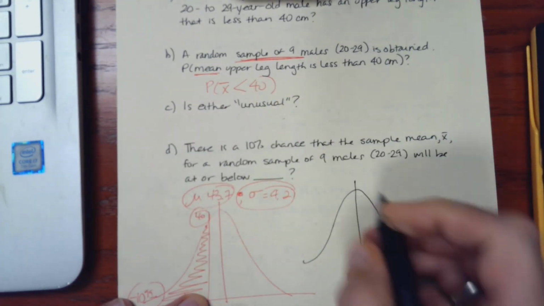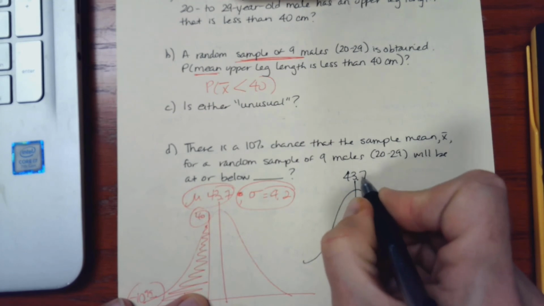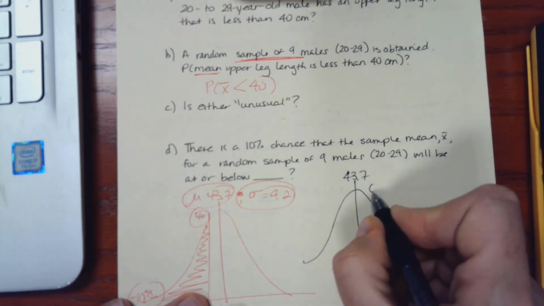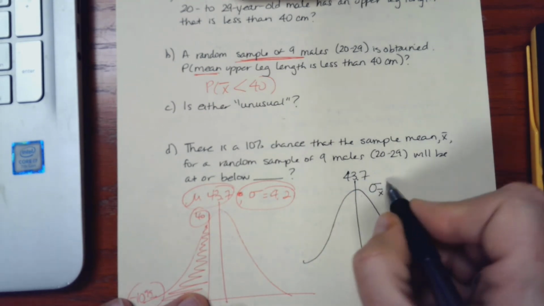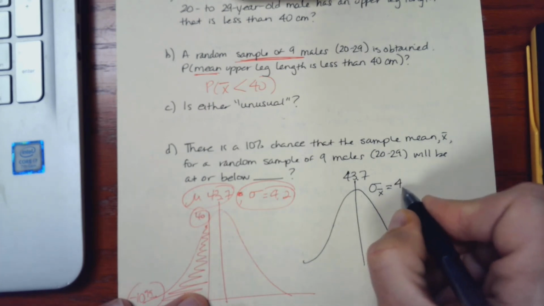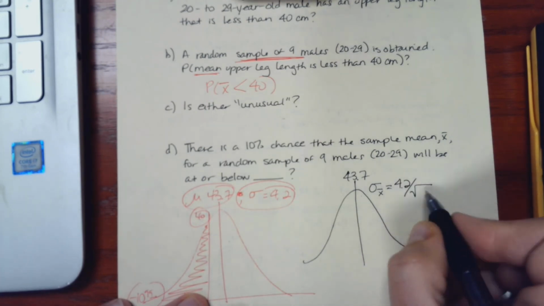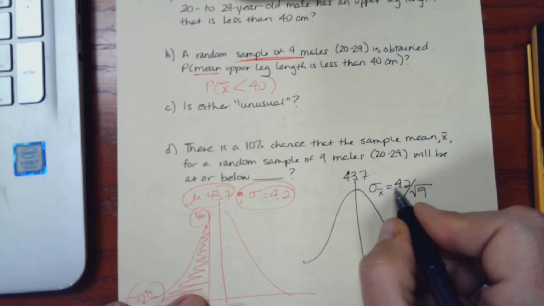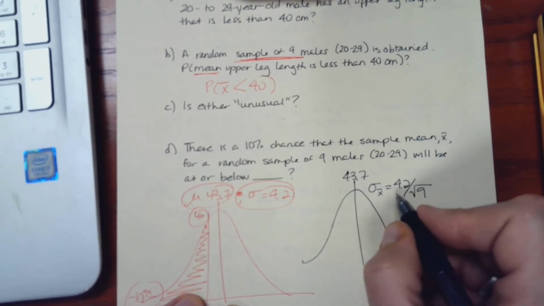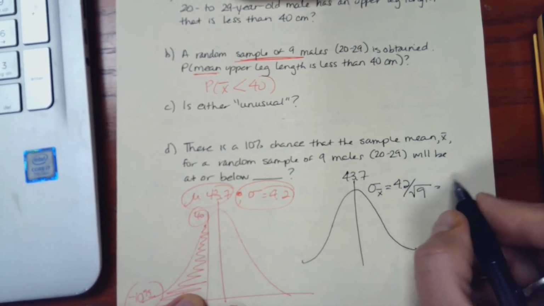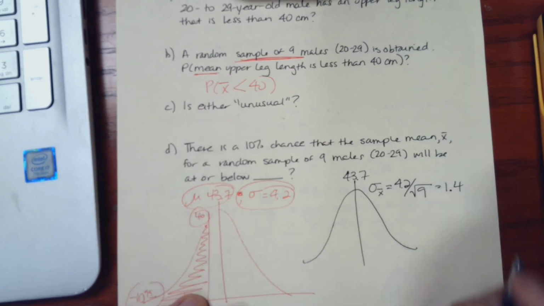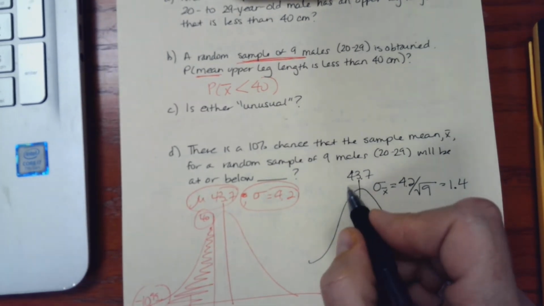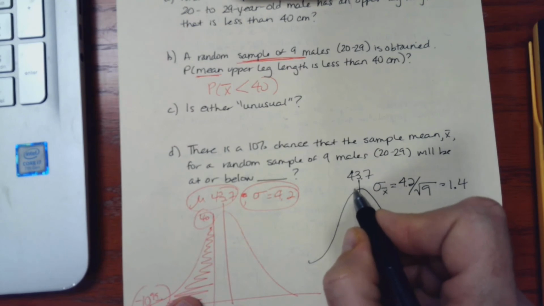So it's still centered at 43.7, but the standard error of the mean, so sigma of x bar, is 4.2 divided by the square root of 9. In other words, 4.2 divided by 3, which is 1.4.